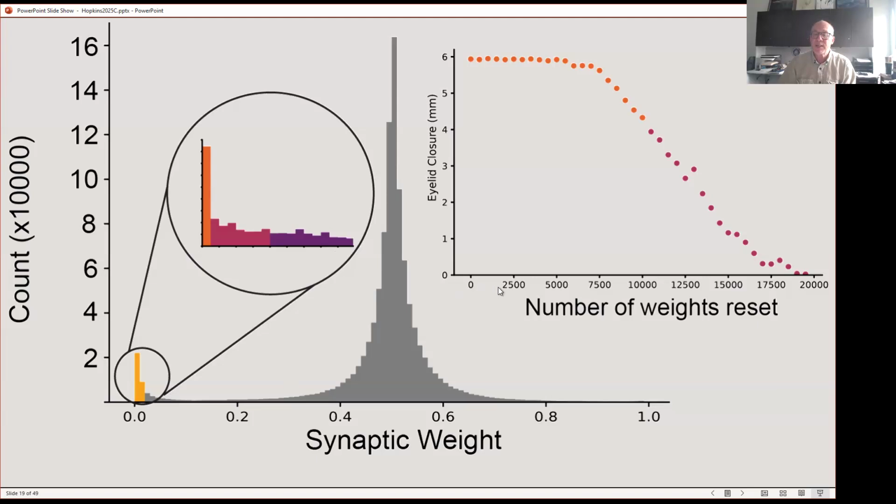The x-axis here is the number that have been reset, and the y-axis is this virtual eyelid response. You can see that as we reset them, we can make the conditioned responses go away. We have to reset about 20,000 of these to make the conditioned responses go away. That gives us a sense of about how many weights we need to care about: if those change, there are going to be problems with retaining the response.